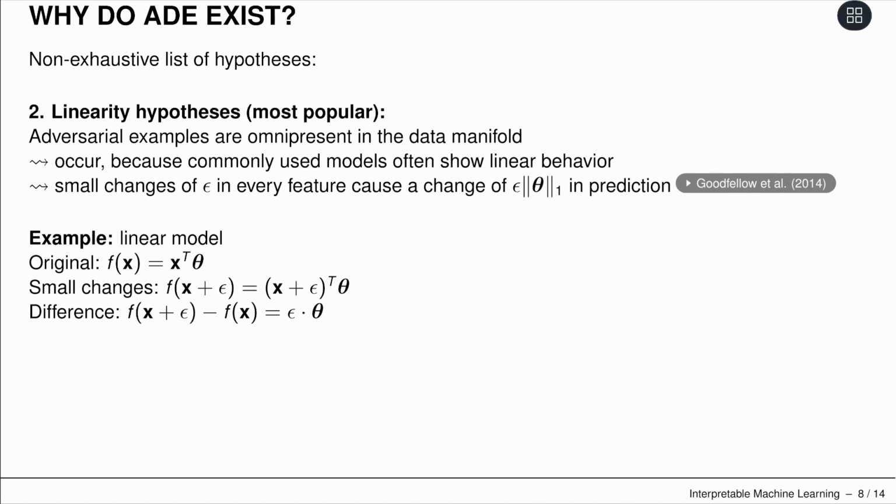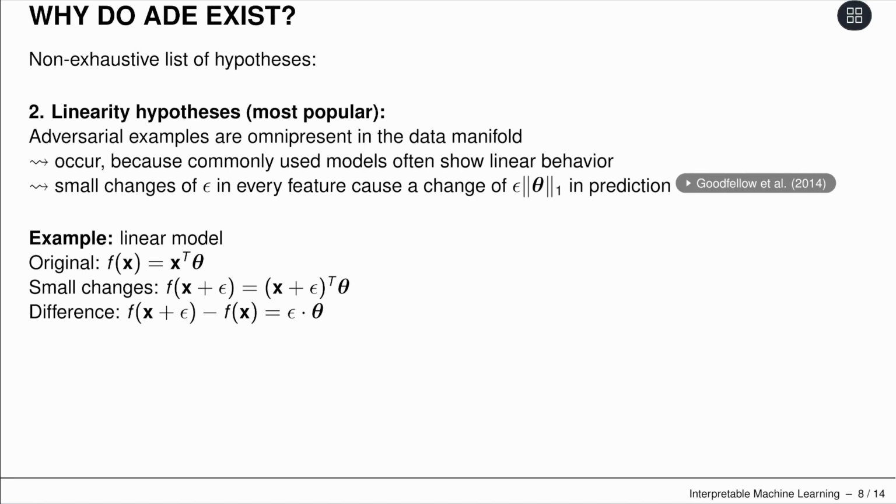The second hypothesis is the linearity hypothesis. That's one of the most popular ones. It goes back to 2014. It says that adversarial examples are omnipresent in the data manifold, right? And that's because in that data manifold we often have very linear behaviors. It could, for example, also be the way we train our models that is the reason for that.